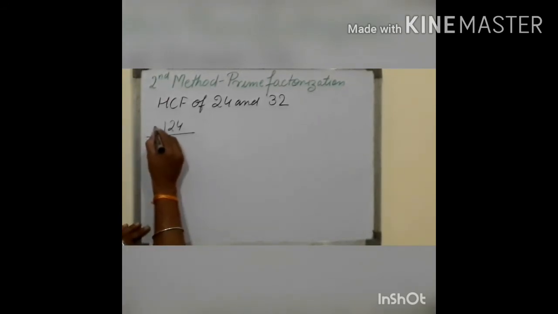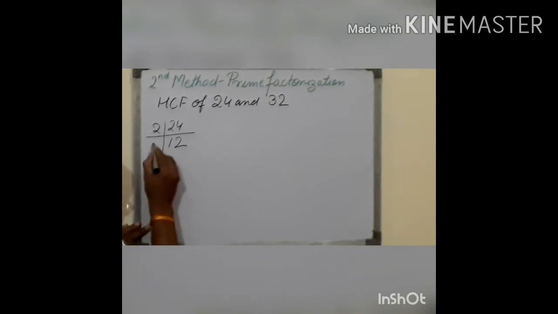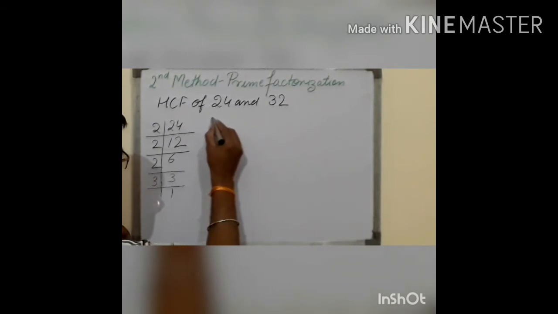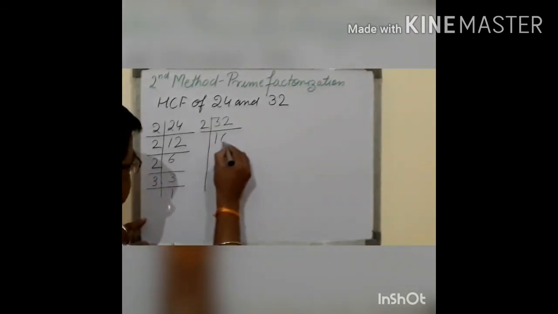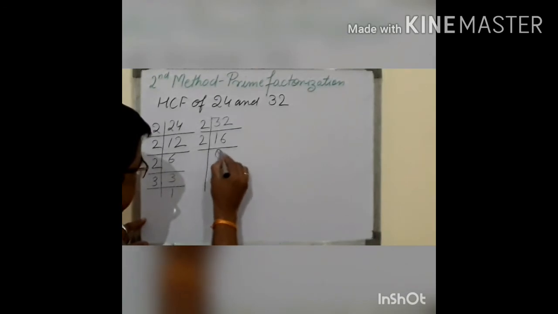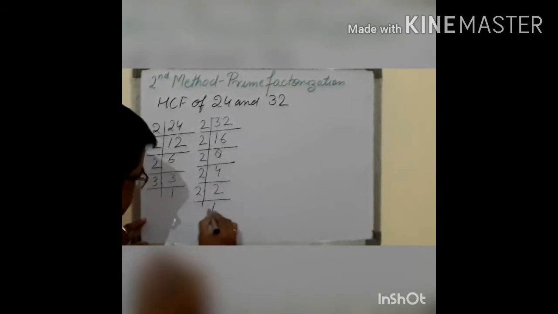So we will convert this into prime factorization: 24 divided by 2 is 12, 2 is 6, 2 is 3, and 3 is 1. And after that 32: divided by 2 is 16, again by 2 is 8, again by 2 is 4, 2, 2 and 2, that is 1.